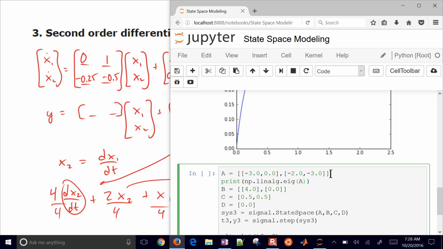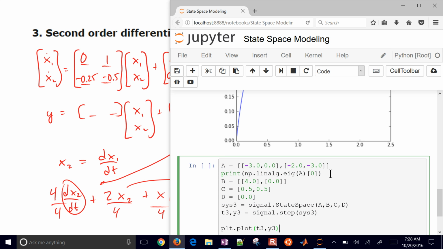We'll do the eigenvalue of A, and we just want the eigenvalues. We don't want the eigenvectors as well, so we just want the first thing that comes out of that. So I'll put the bracket 0 there. And so we'll be able to see if this is going to be stable even before we do the step response model.